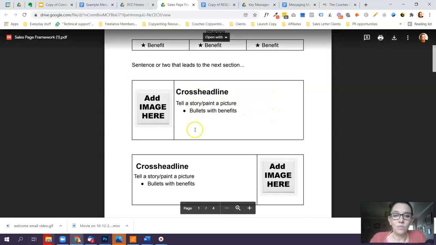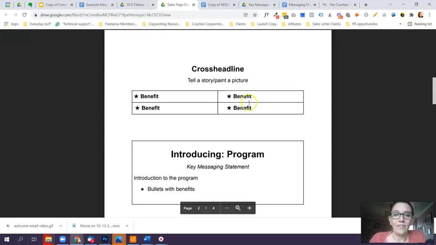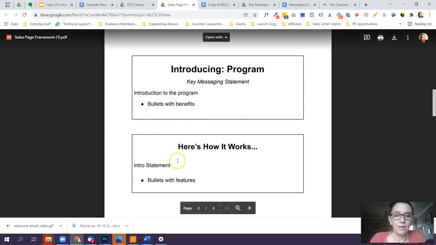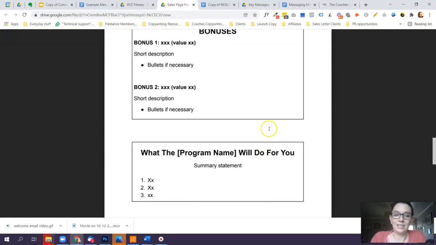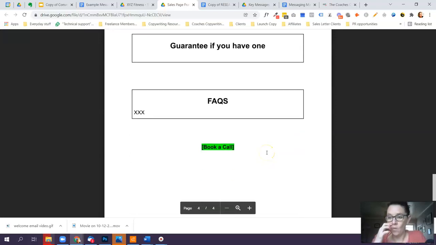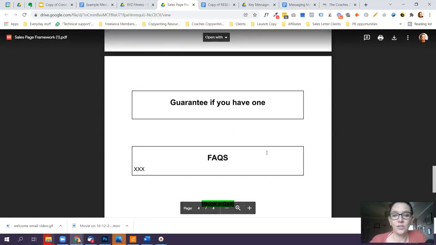And then we tell a story and paint a picture, where we can either dig into a pain point or talk about an outcome. And I'm going to show you a concrete example in a minute. And then you can introduce the program, talking about the benefits, the features and any bonuses, and a summary at the bottom. So this is a high-level overview of a sales page framework with all the main things that you'd want to hit.